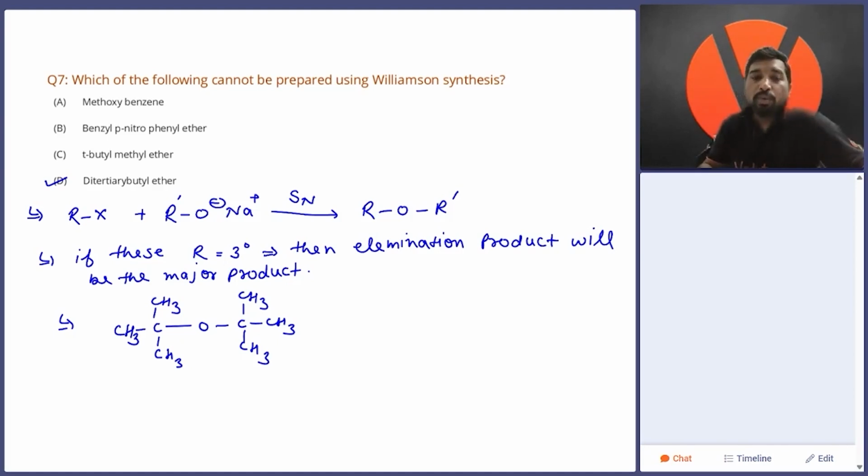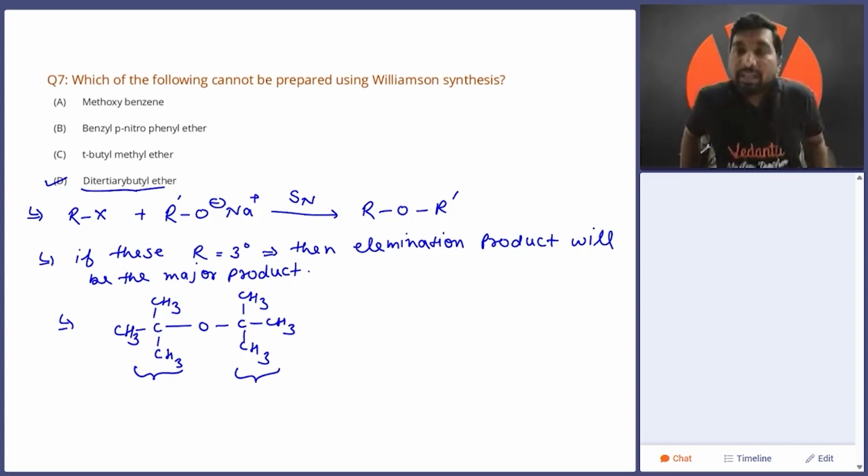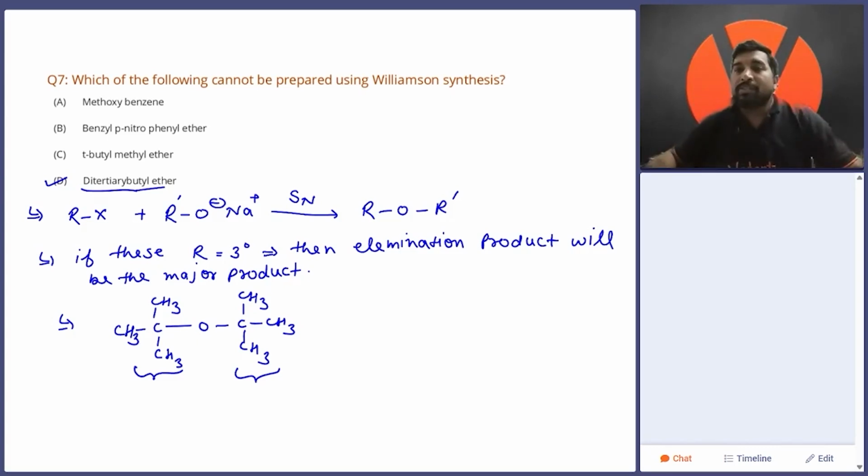In this case, both are 3 degree, which is quite bulky. Due to this bulkiness, this product will not form during the Williamson synthesis. Rather, there is elimination, meaning alkene will be the major product. Alkene and alcohol will form in this case. So D should be the right answer.